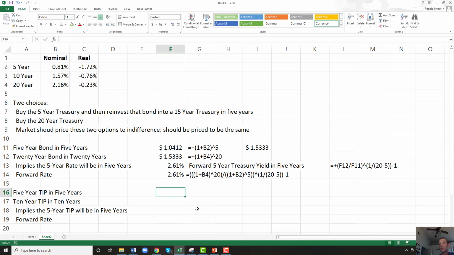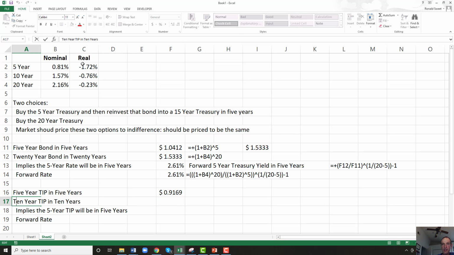What's the 5-year TIP going to be worth in 5 years? You do 1 plus the 5-year TIP, raised to the 5th. Same thing we had on the other page. Here we have a 20-year TIP in 20 years. It seems like a really horrible investment, right? Because you're actually making a negative yield. Raise that to the 20th.